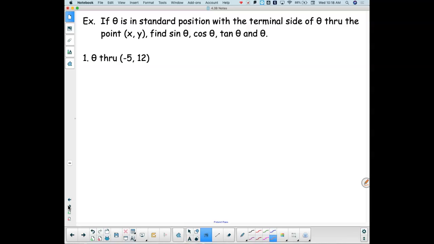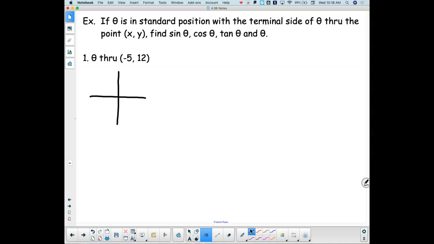Okay? Alright? So, again, I start all of these problems with a picture. Where is the point negative 5, 12? Quadrant 2.